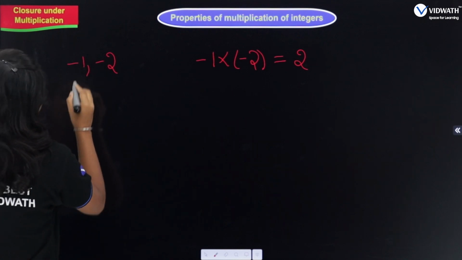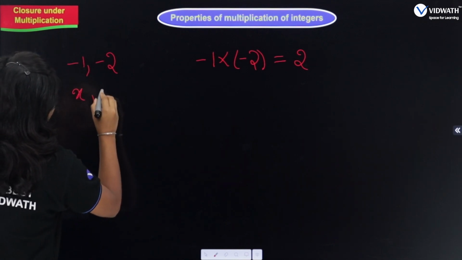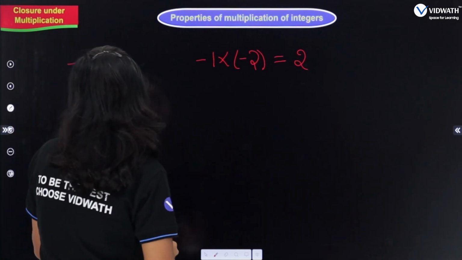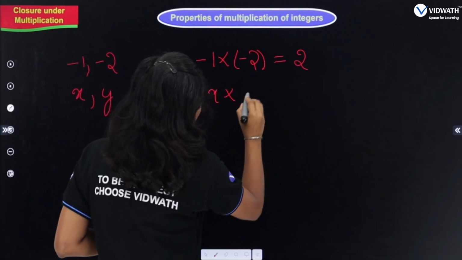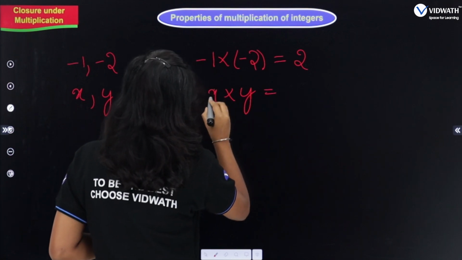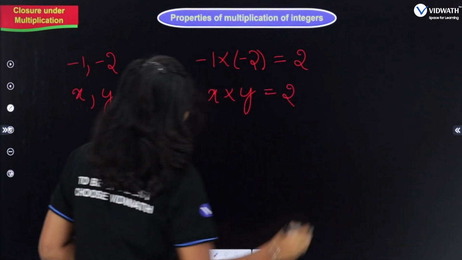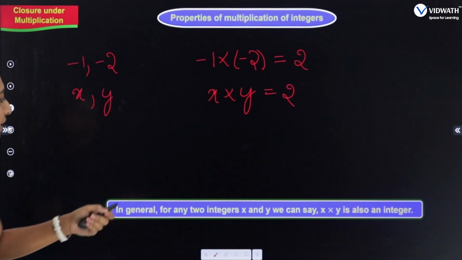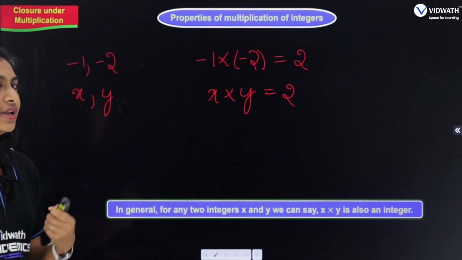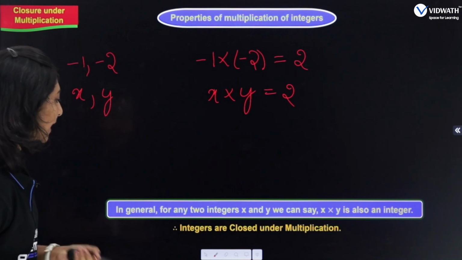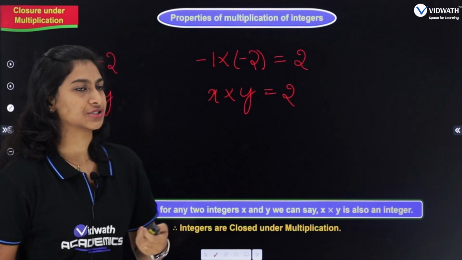So, if I assume minus 1 as x and minus 2 as y, and x and y are two integers, and if I multiply those two integers, I should get another integer. We got 2. So, in general, for any two integers x and y, we can say x into y is also an integer. Therefore, integers are closed under multiplication.